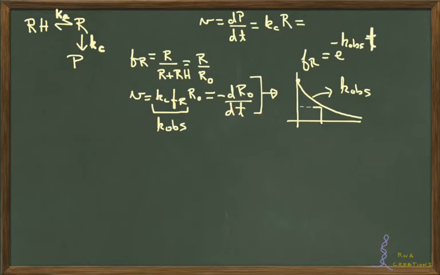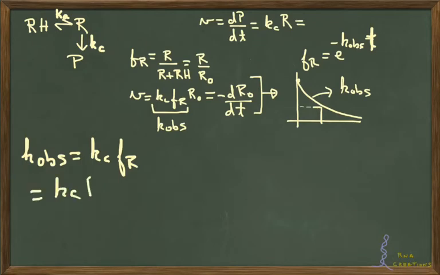So what we're interested in is K obs. So K obs is equal to Kc times F sub R. And we'd like to get that in terms of the pKa and the pH.